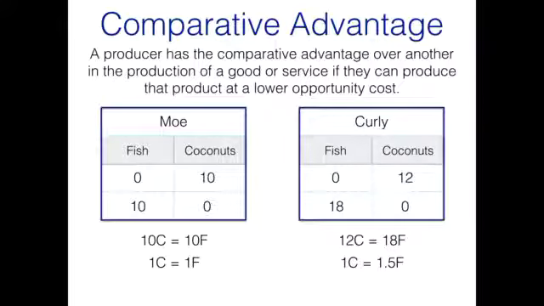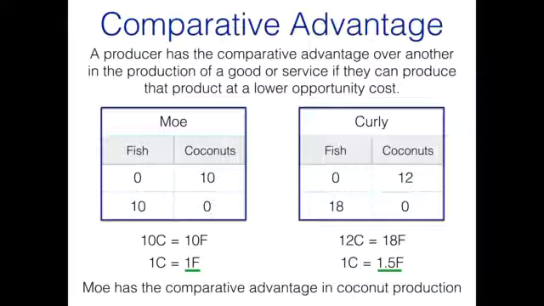Now we just have to compare them to see who's producing a coconut at a lower opportunity cost. So the opportunity cost of the collection of one coconut is one fish for Mo and 1.5 fish for Curly.